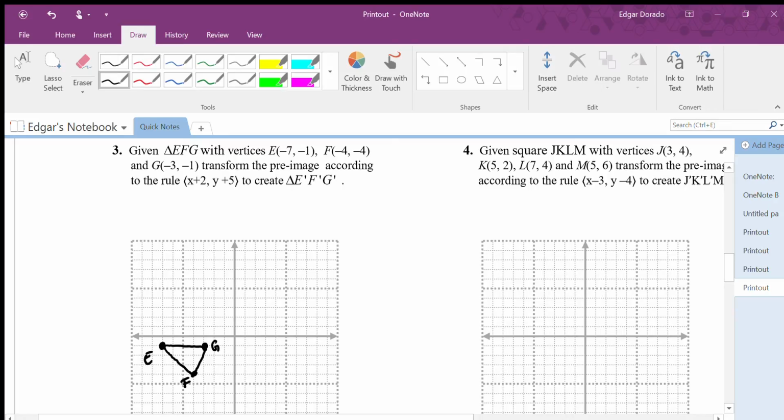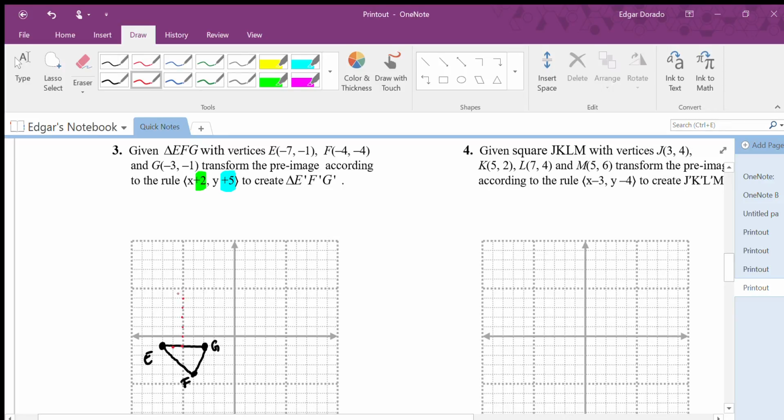Now, what we have to do is take each of these and go ahead and add 2 to my x. So I'm going to move to the right 2, and I'm going to go up 5 from each of these points. So let's do that. So I'm going to go from E, I'm going to go right 2, 1, 2, and up 5, 1, 2, 3, 5.